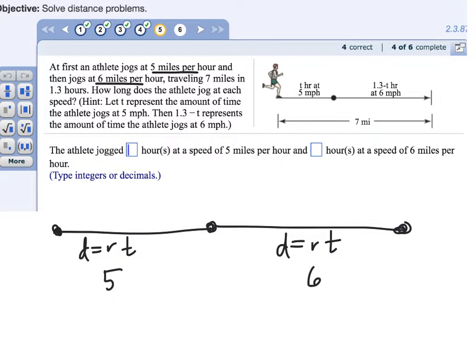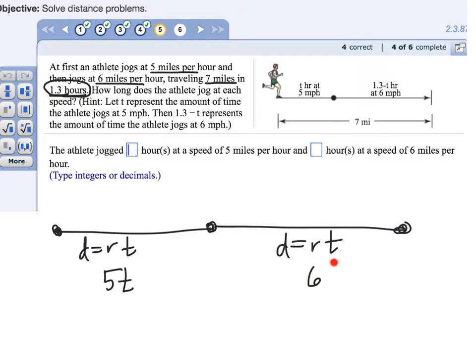And it says he travels 7 miles in 1.3 hours. Now, that's a lot of information in just a couple of words. So this key right here, 1.3 hours. Do we know how long he jogged at 5 miles per hour? Nope. So we're going to leave that as t.